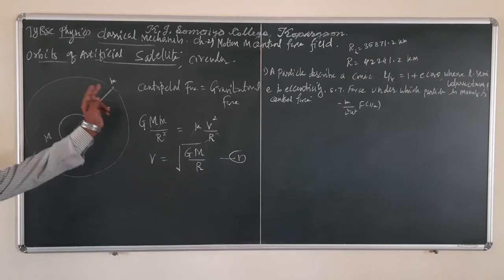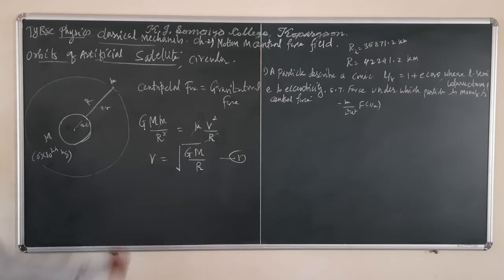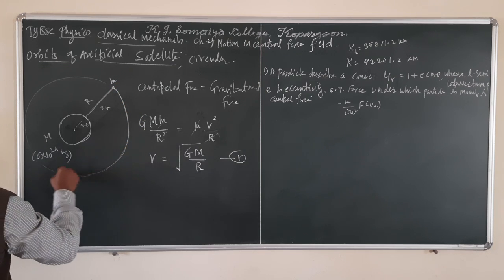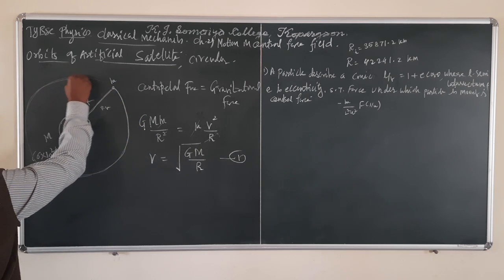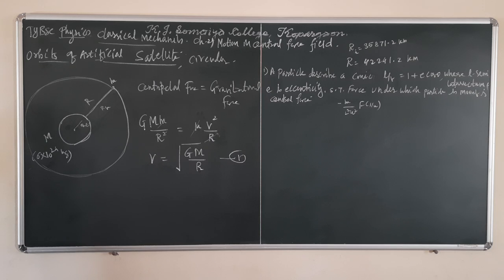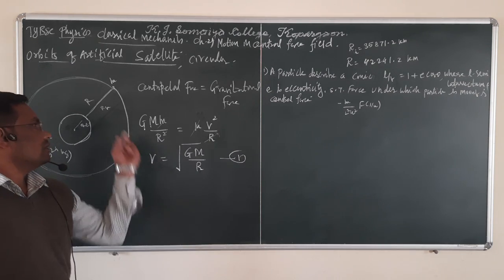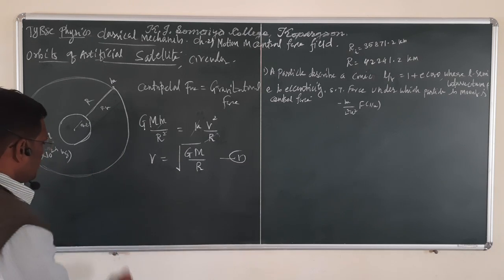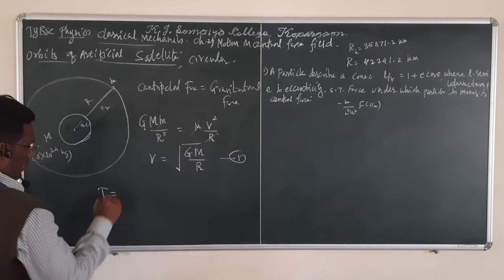Now for this circular motion, the time required to complete one oscillation, or one complete circle, is capital T, which is known as the periodic time.